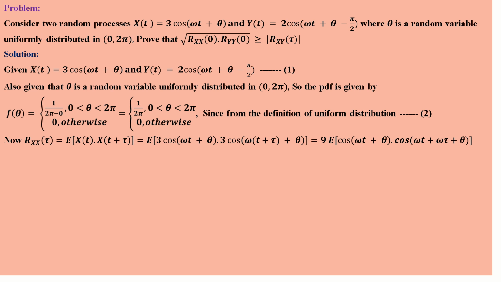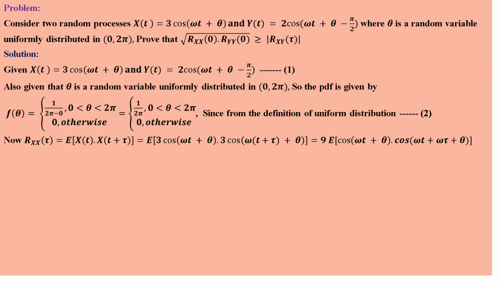Now R_xx of τ is equal to expected value of x of t into x of t plus τ. We are taking the values of x of t from equation number 1. We will get 3 cos(ωt + θ) into 3 cos(ωt + ωτ + θ). In the second term we are replacing t by t plus τ, which gives 3 into 3, 9.